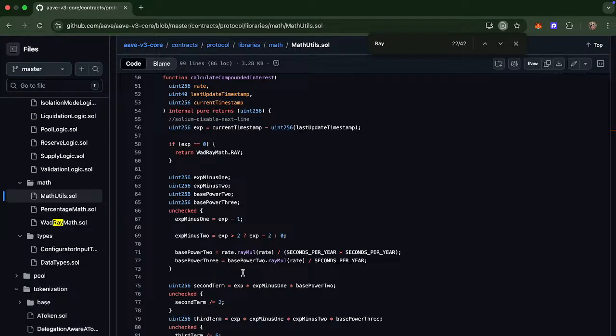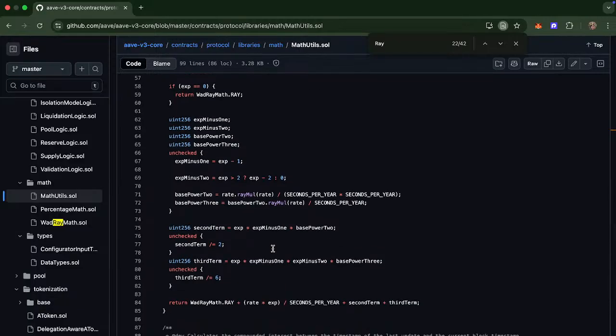Base power 3. Oh, rate into rate. Second term is exponential. Second term: time delta into n minus 1 into base.